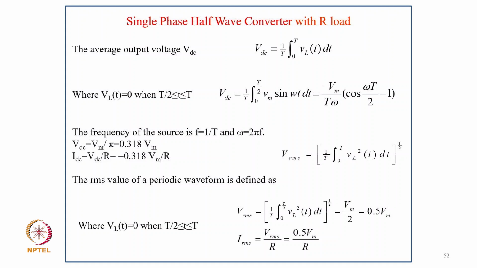IDC equals VDC upon R, that is 0.318 Vm upon R. VRMS equals (1 upon T integral 0 to T of VL squared dt) under root.